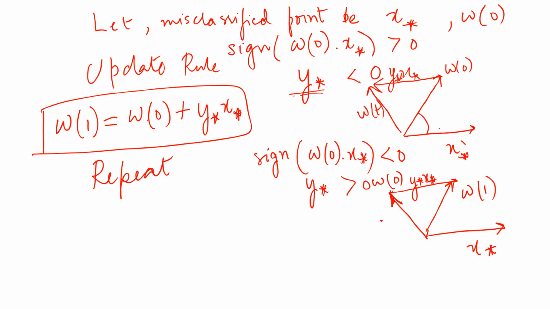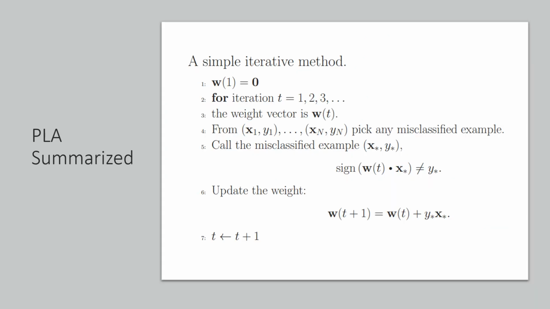Okay, so let me summarize everything that we said here. This is the PLA, or the perceptron learning algorithm. We begin with anything. So here, instead of w0, we are beginning with w1. Let me call that all the values are 0, right? For all these iterations, we find the weight vector wt from the data. Pick any misclassified example, as I said.